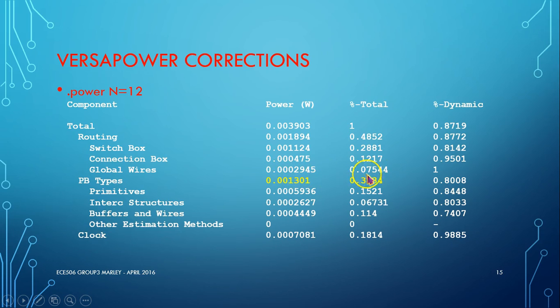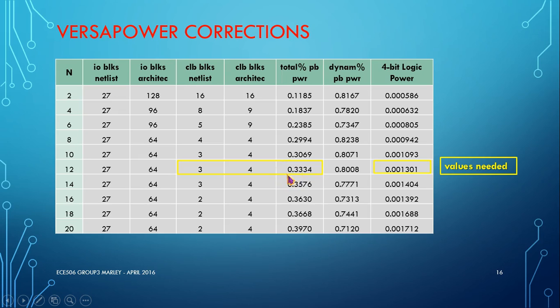So we're going to have to correct for it. We need these numbers. If we take the block counts for the CLBs, the netlist, and the architecture, and we take the percentage of power and the actual wattage that the logic used, we can correct for it. We'll get a formula here.